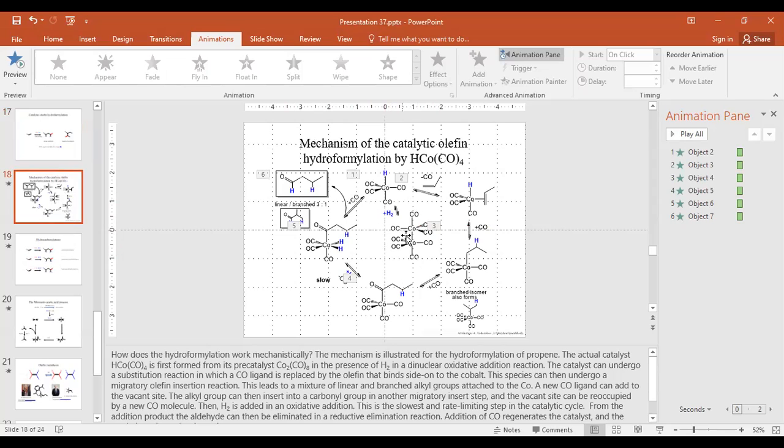So what we add to the reaction mixture is our cobalt, a dimer cobalt carbonyl, which then in the presence of hydrogen forms the carbonyl hydride, which is the actual catalyst. And then through various reaction steps, we form our aldehyde from the alkene and carbon monoxide and hydrogen.